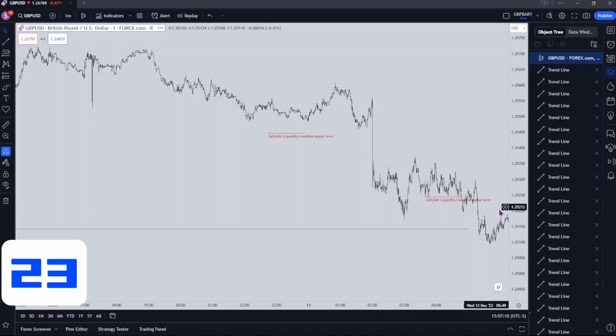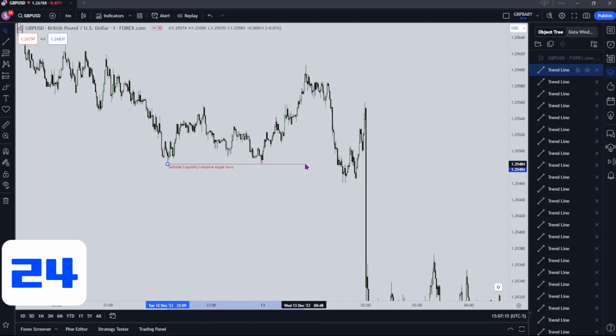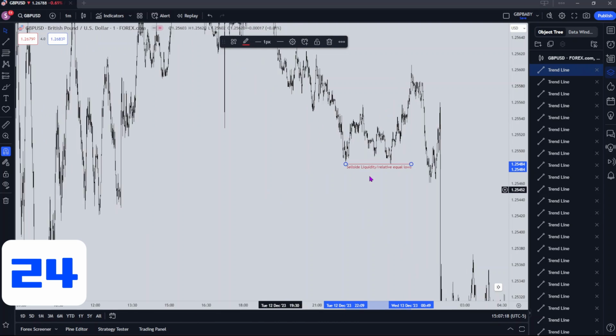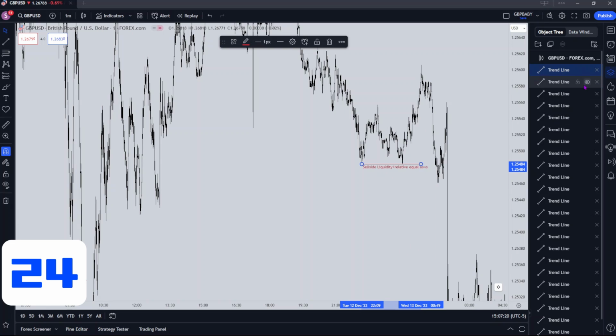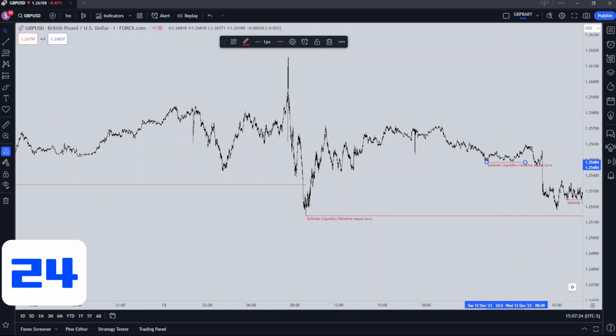And finally, this should be the 25th one over here, these two. So those are relative equal lows. I believe we have 25. Let's now look at some examples of relative equal highs.